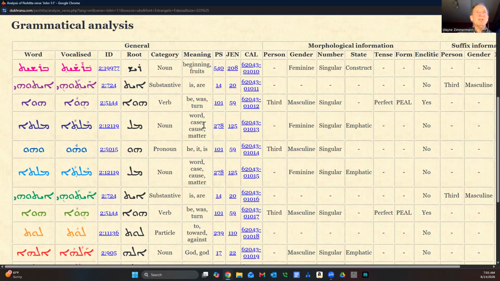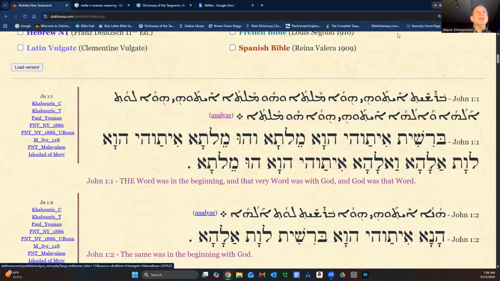And so in this case of this word that we're looking at, it can have numerous meanings. And so the translators had the actual word. They could have put case down. They could have put cause. They could have put matter. And that's where we take off on our study today, to look at some of these other dictionaries.